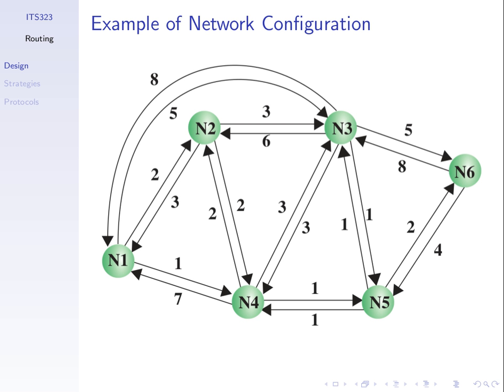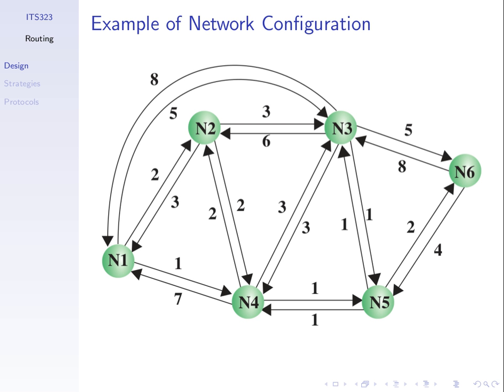We would not send it on 4, 5, 6 because it would be larger. If this was 10, then a cheaper one is 1, 3, 6. That would be 1 plus 10 plus 2, at least 13 here. So if this cost goes up, there may be a better path.